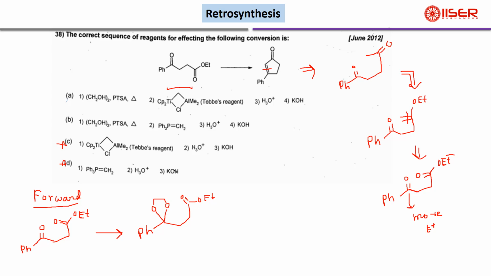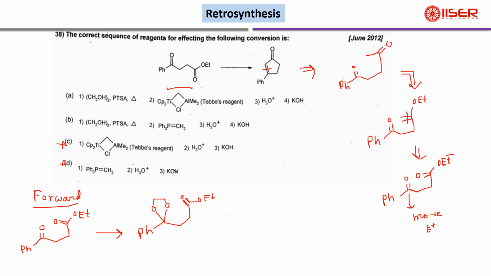We need Tebbe reagent to convert the ester carbon-oxygen double bond to an alkene. So which one has Tebbe reagent? This one, because Wittig is not for esters. Wittig reagent is only for ketones and aldehydes. So between these two, which one will we choose? We will choose this one because it has Tebbe reagent. So the correct option is this.